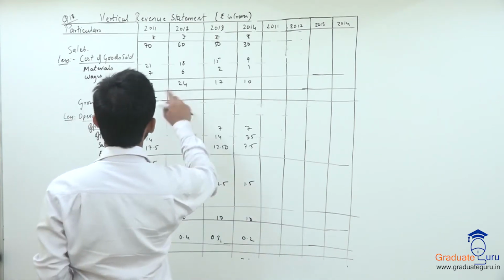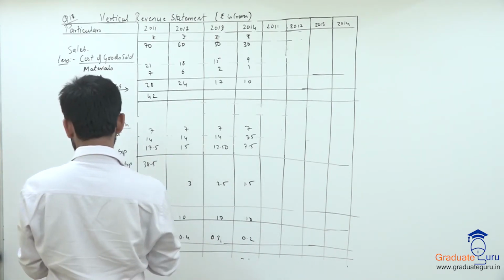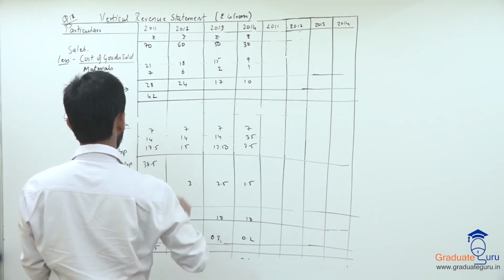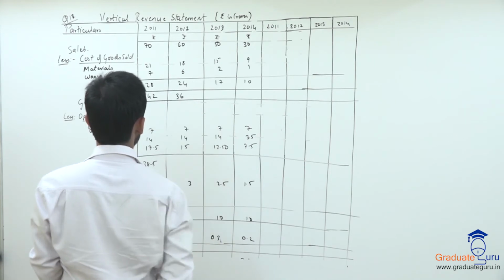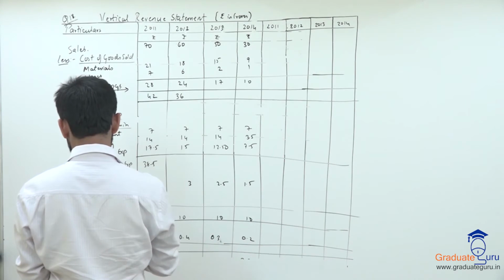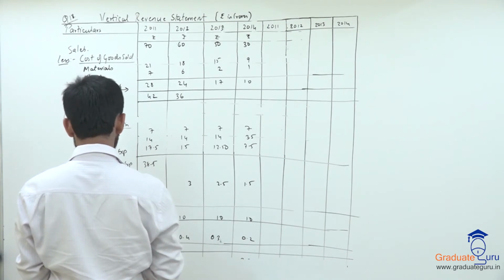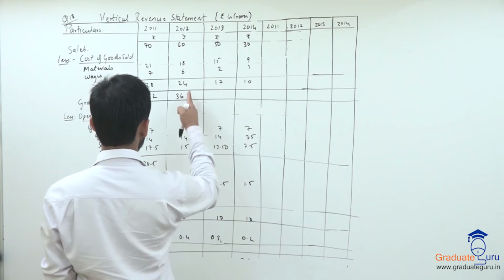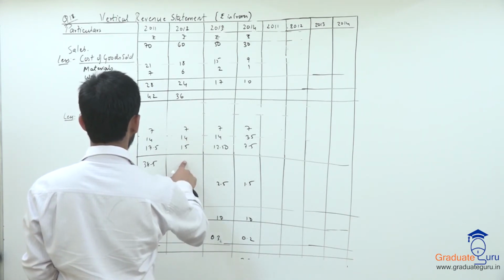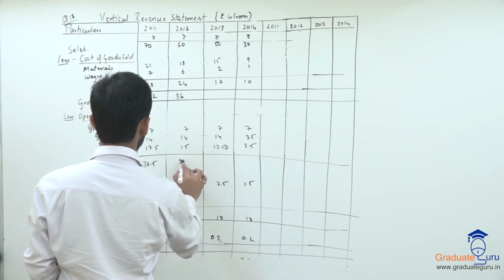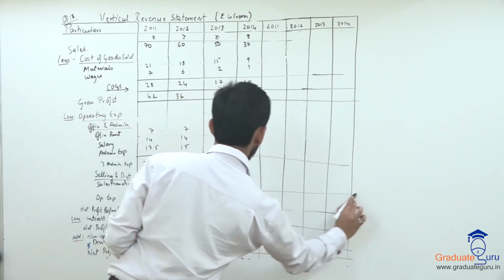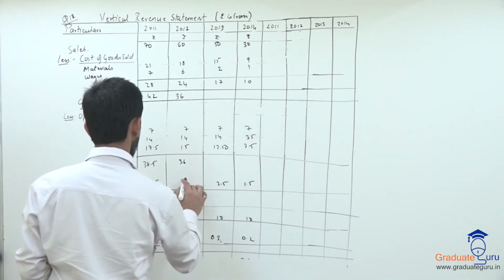Let's do the next year. 60, 24, 36. 36 minus 24... 29 plus 7, 36. This is again 0. This will be 36. 36 plus 3 will give you 39.